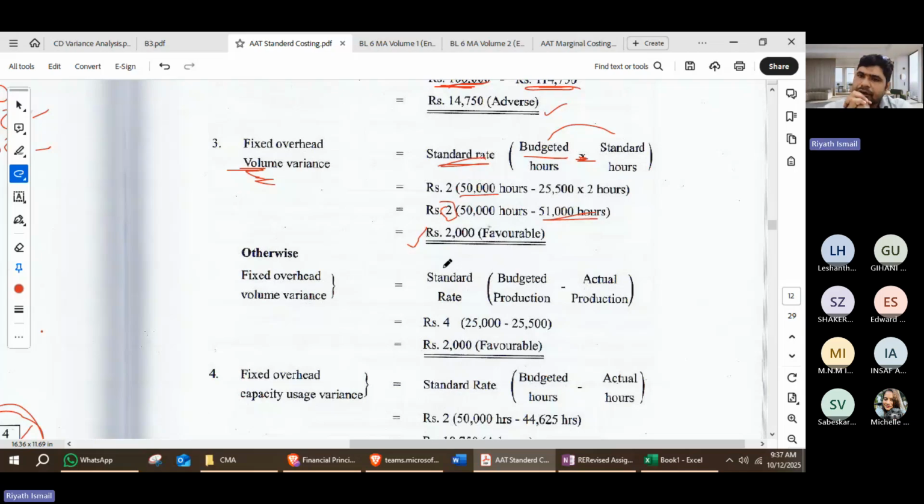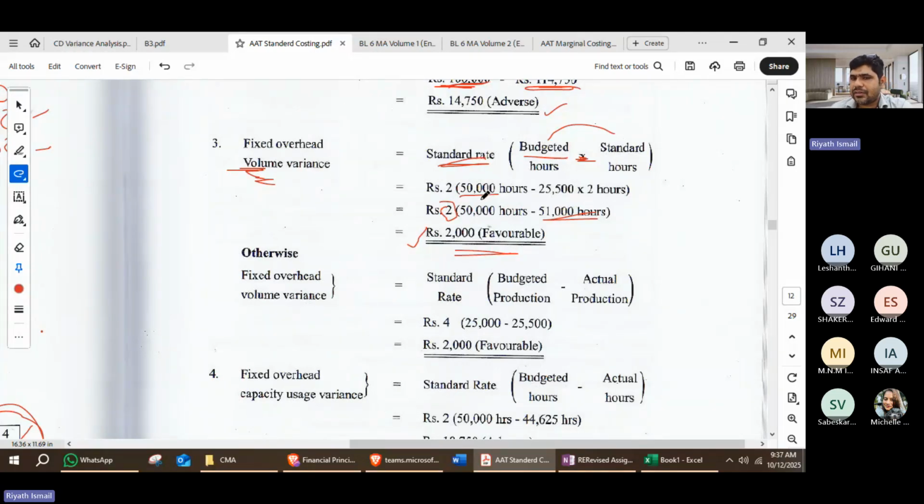Budgeted hours, so they are getting standard hours more than the budgeted hours. If you have doubt, let me know. It's a favorable, right? It's favorable.